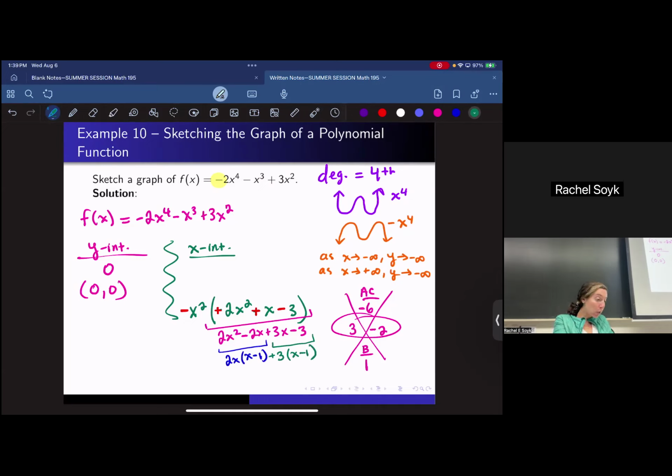And if you did it correctly, what you have in parentheses should be exactly the same, which it is. And so we can pull that out so that it is fully factored into x minus 1, and then we have 2x plus 3. And then all the way on the outside, you don't want to forget the whole negative x squared.